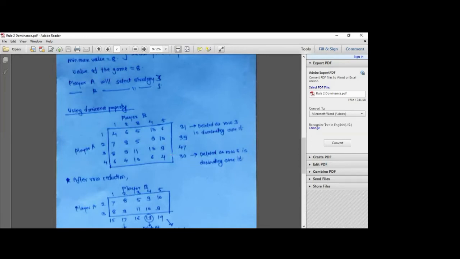So now after 30 we are going to check the dominance for the row which has 31, right? We are going to compare this row with all the other rows.